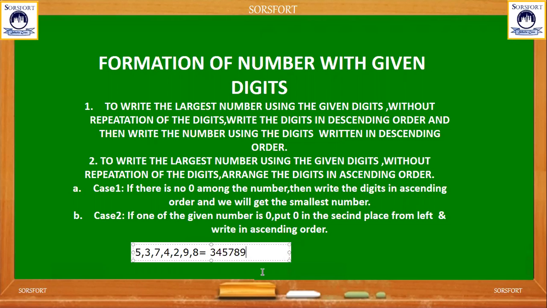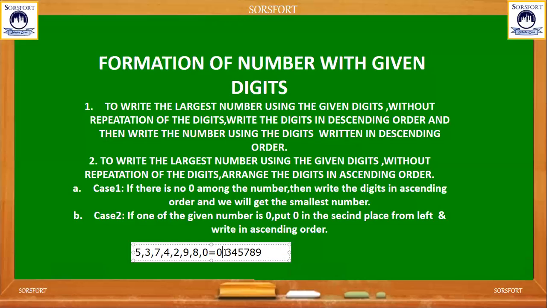Now suppose in between these digits, one 0 is there. So where will I put the 0? If I put it here, that means it is not a 7-digit number. It is a 6-digit number, because we all know that if 0 is put here, it doesn't have any value.